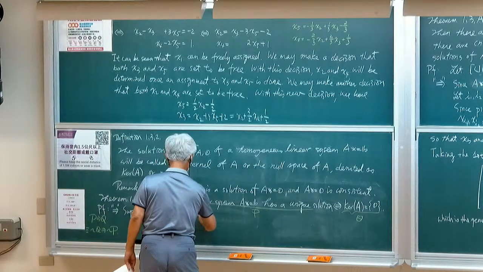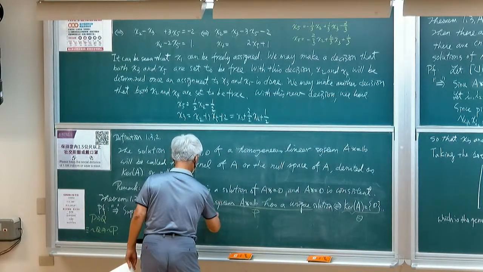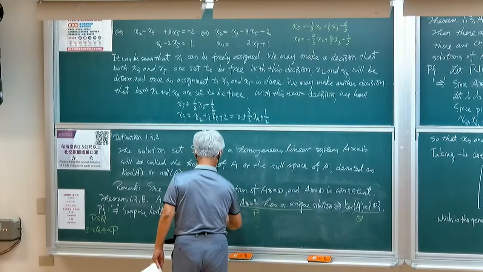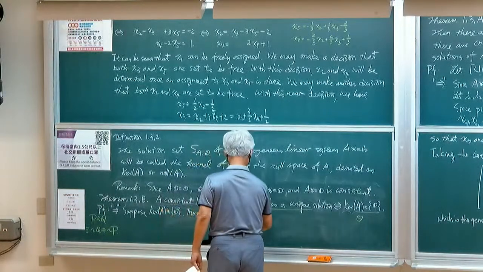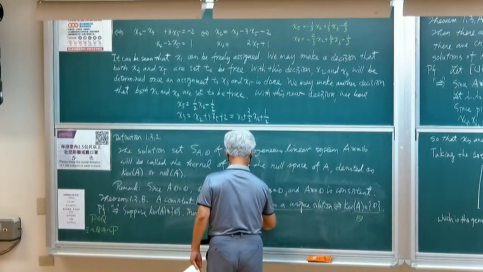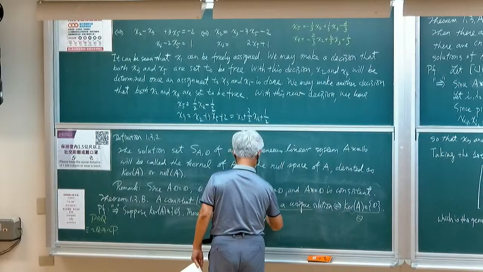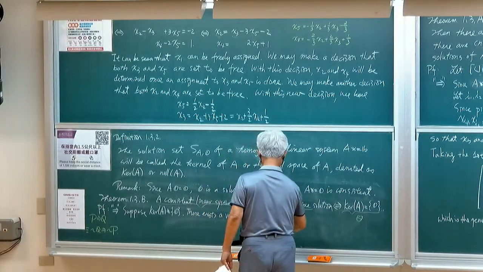There exists a vector V in the kernel of A, and V not equal to 0.